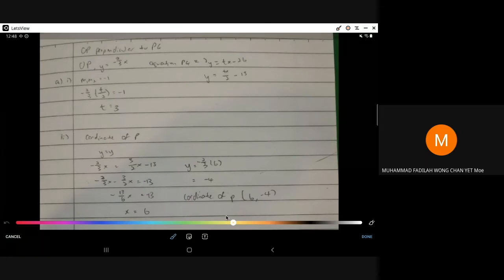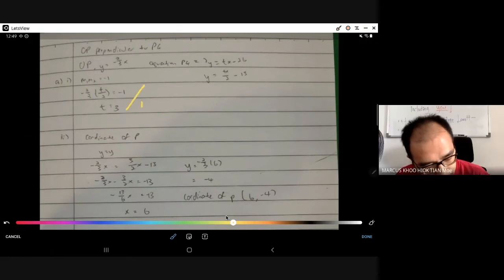So we divide everything with 2. So the equation that we get is y equals to t over 2x minus 13. Then for the first question, we use the formula m1 times m2 equals to -1. Then we sub value into m1 and m2, then we get -1. Then we kira-kira, then t equals to 3.